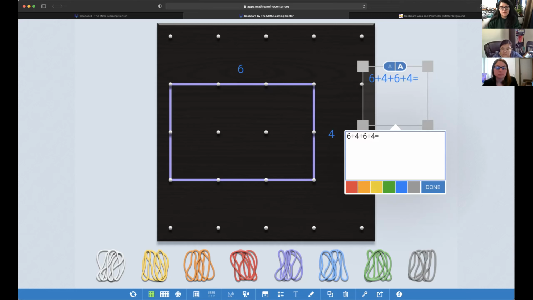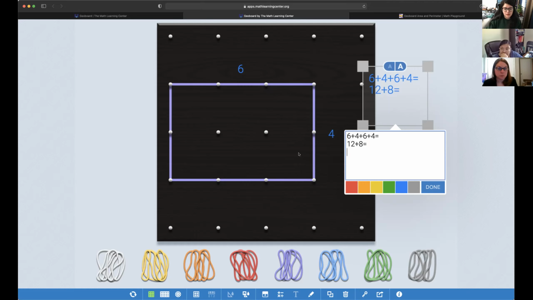So if you know that there's 2 sixes and 2 fours, what could you do? Could you try like doubling the 6s and then doubling the 4s? Right, yeah, awesome. So if you know your doubles, you can say 6 and 6 is 12. And then you can say 4 plus 4 is 8, right? So that's another way to look at it.